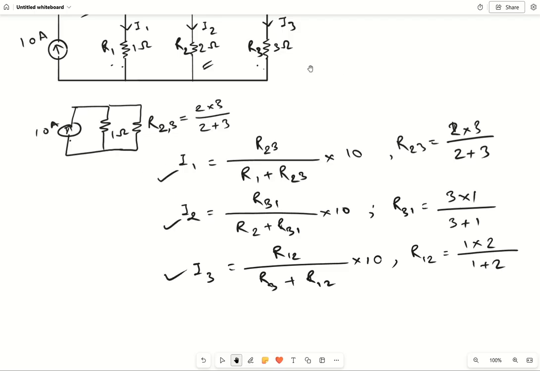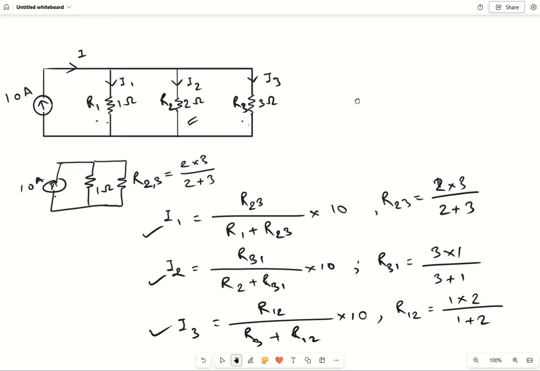Okay, so this is quite easy, right? Now a slight complication may arise if, in the same circuit, we put a resistance here. What will be the changes? Suppose we put a resistance here of 4 ohm. Now in this case our input current is okay, there is no issue with this, it will remain 10 ampere only.